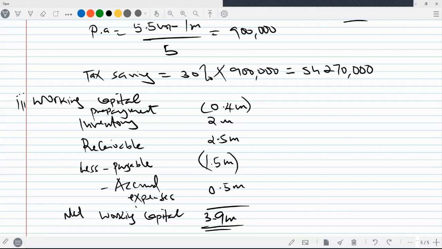Are you sure? 3.1. Yes, 3.1 million is the net working capital. So this is the amount the company needs to invest in year 0. What else? And that is it.